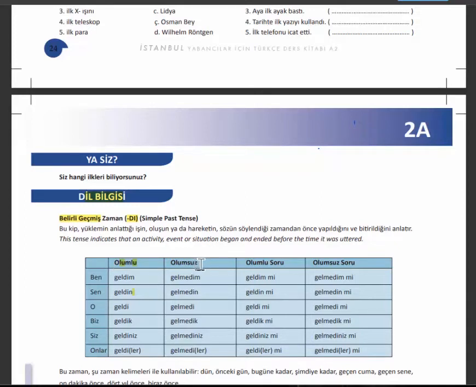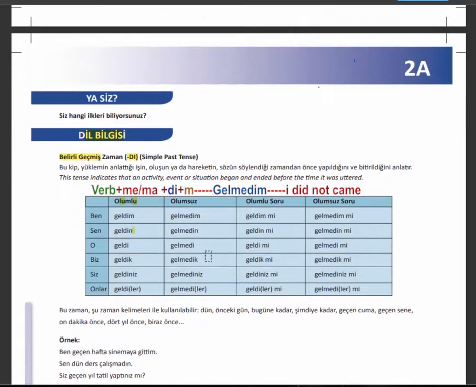This is olumlu, which means positive in Turkish. And if we want to make the negative of past tense, we will simply add me or ma after the verb. For example, gel, me. If the last vowel of the verb is a, ı, o or u, we write this as ma.